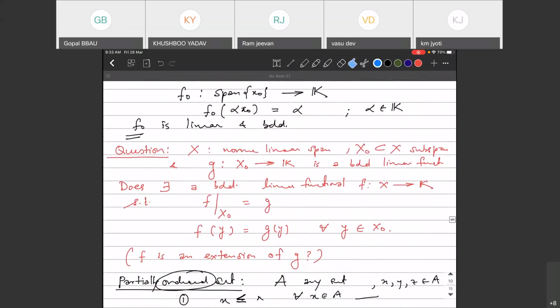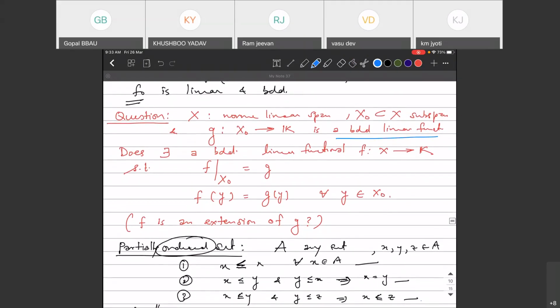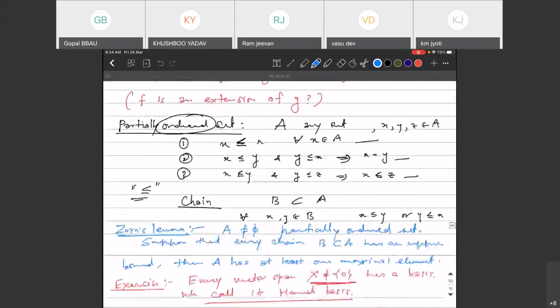Here we had X a normed linear space, and X naught is a subspace, and we had a bounded linear functional g. So the question was, does there exist a bounded linear functional on the whole of X which extends g?